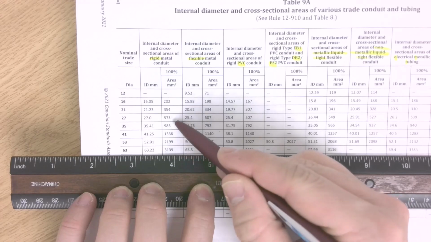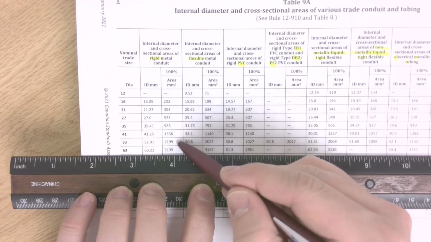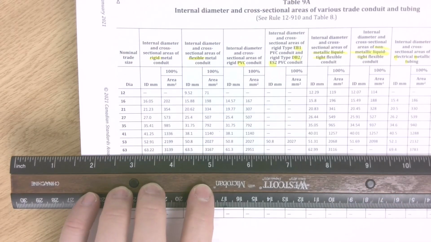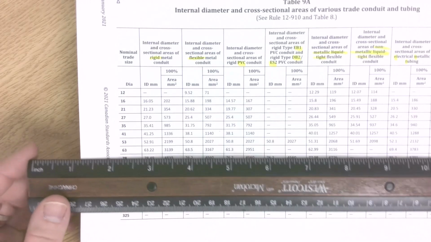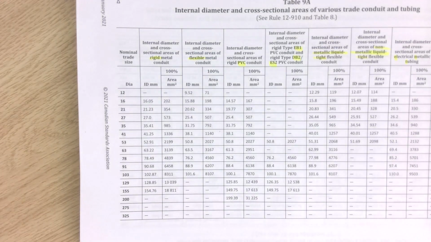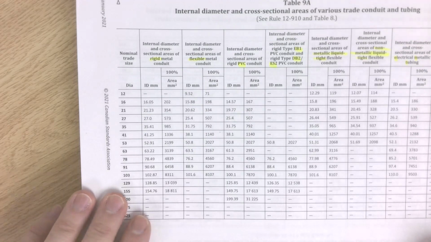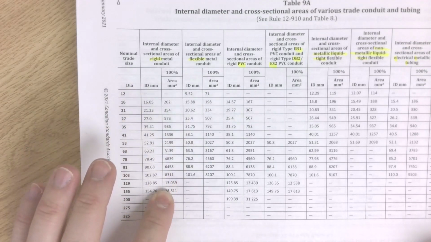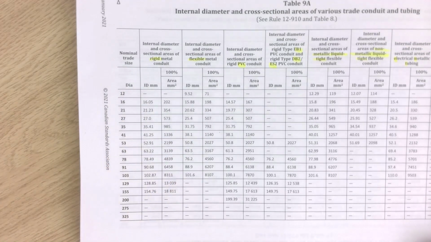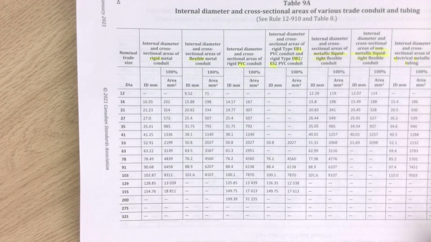You might have to try a couple to see which one would fit those conductors, but if you find yourself in that very strange situation that I tried to put myself in, but the bond kind of messed me up, that is how you would use Table 9A if you had an odd conduit percentage fill.